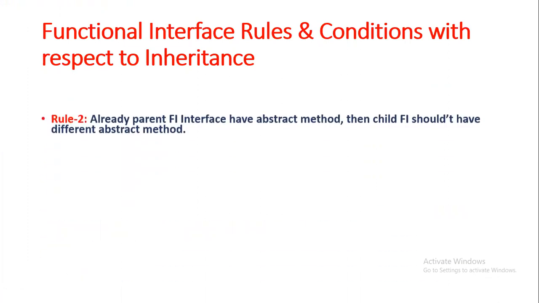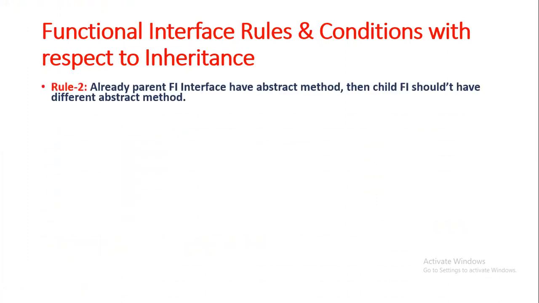So next point. If the parent functional interface already has one abstract method, then the child functional interface should not have a different abstract method. See, the parent functional interface has an abstract method.